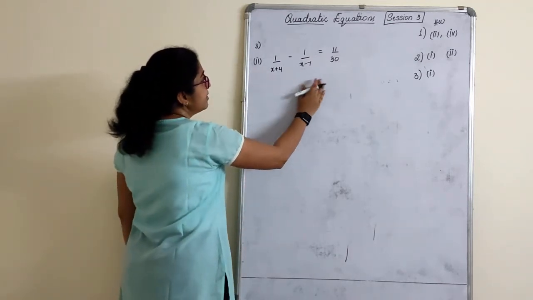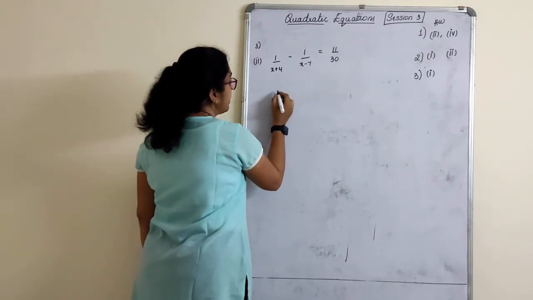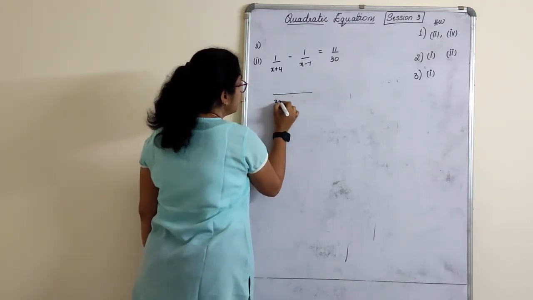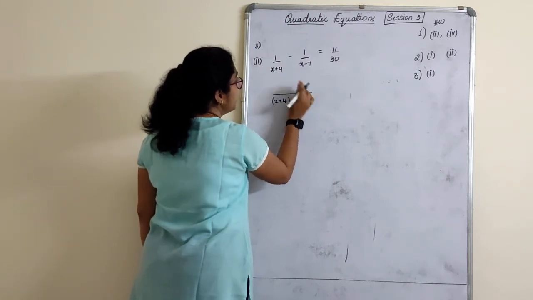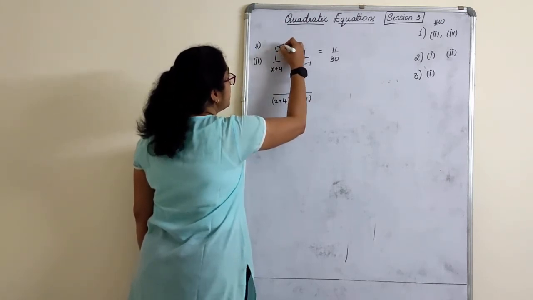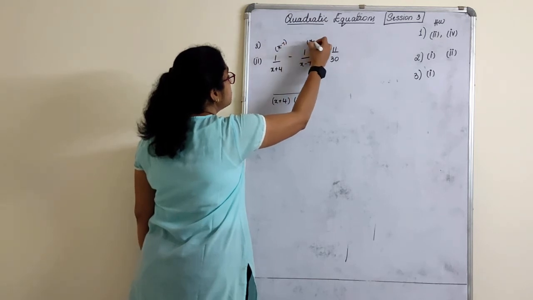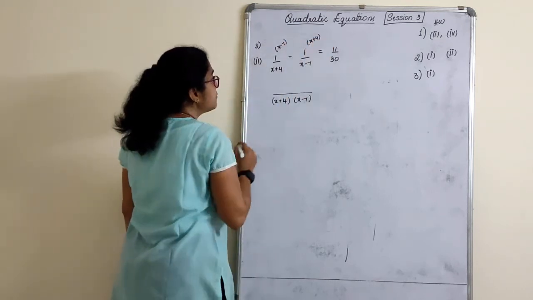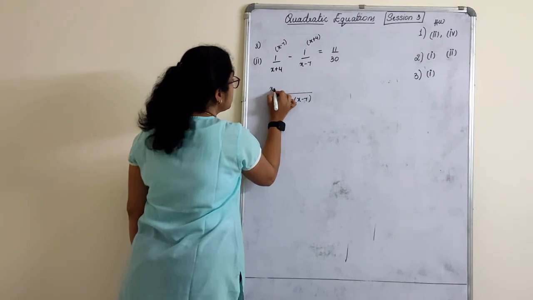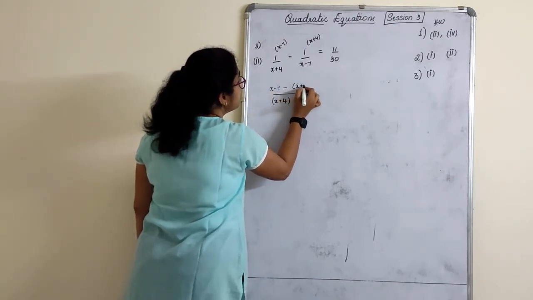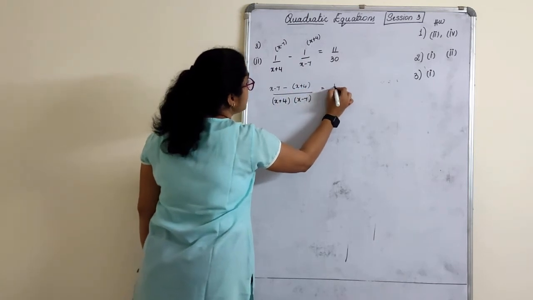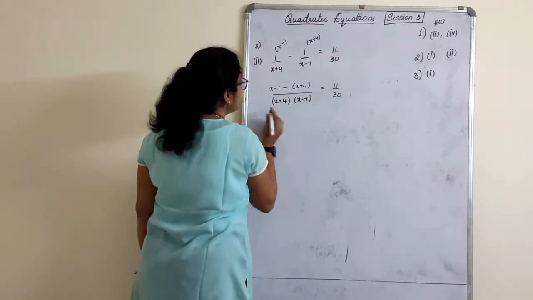So simplify. First of all, what you do here? Take LCM. What is LCM? x plus 4 and x minus 7, the product of these two. Multiply this by x minus 7, multiply this by x plus 4. So this will be x minus 7 minus of x plus 4 is equal to 11 by 30.